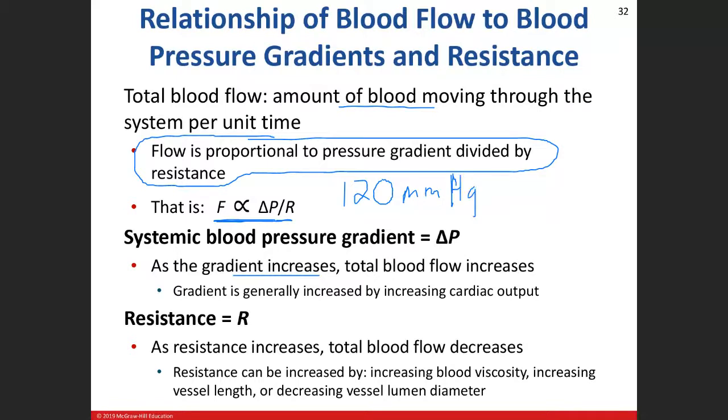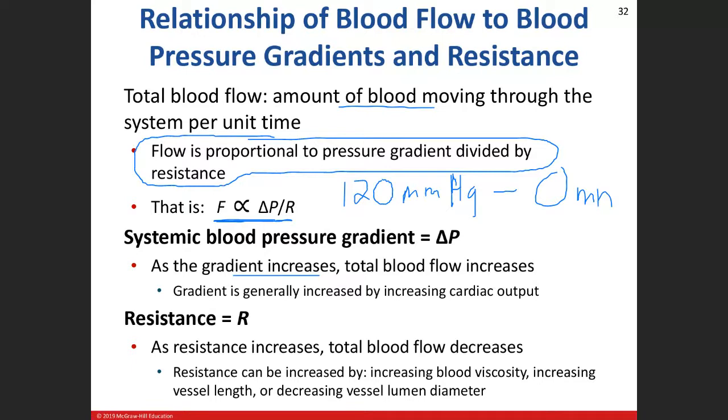All right. 120 millimeters of mercury is now, remember I said we've increased the cardiac output, and now the aorta is showing us that it's 120 millimeters of mercury instead of 93, but it's still zero in the vena cava.